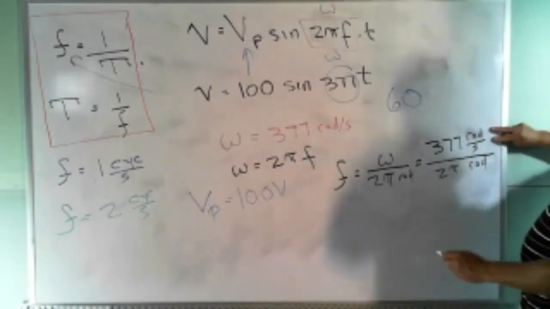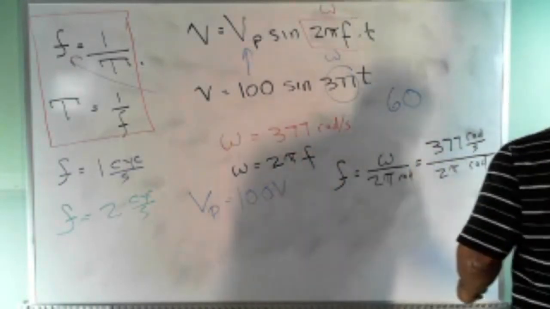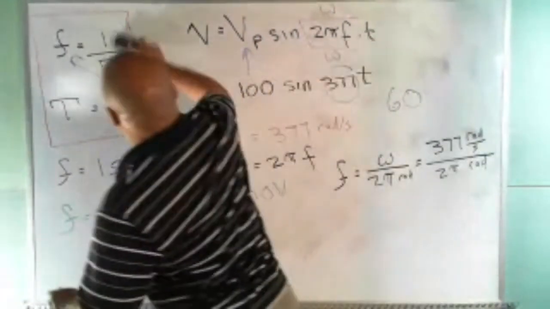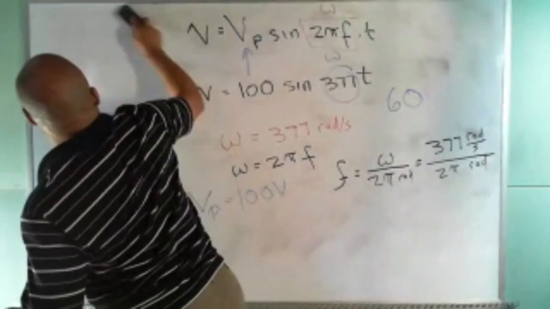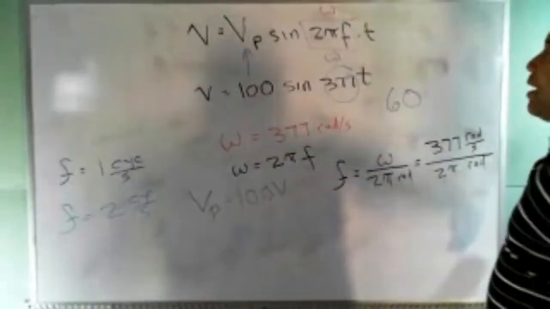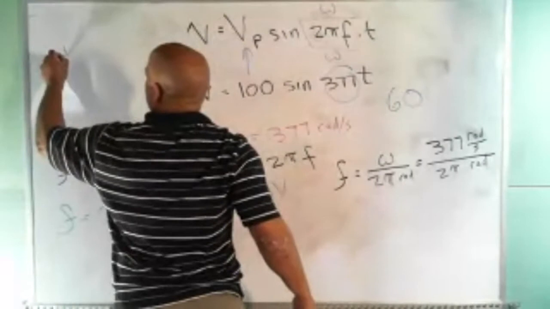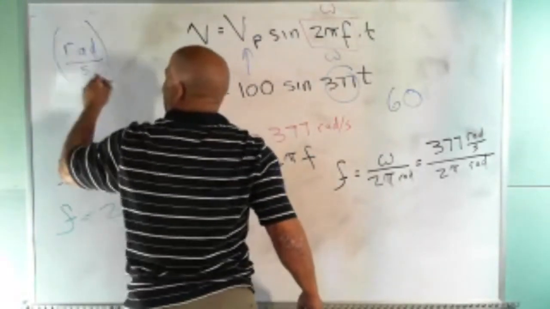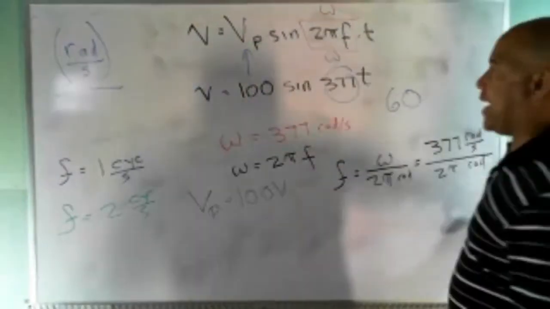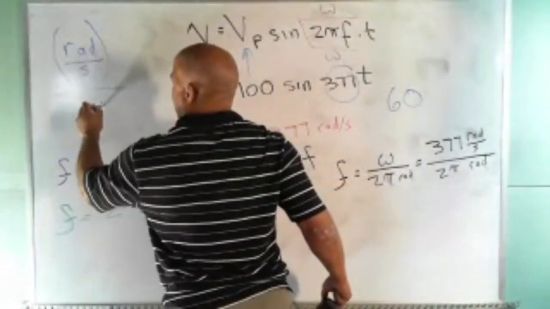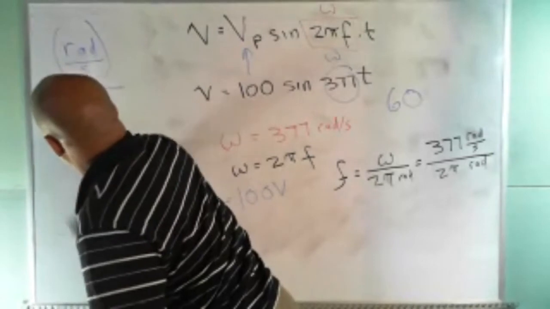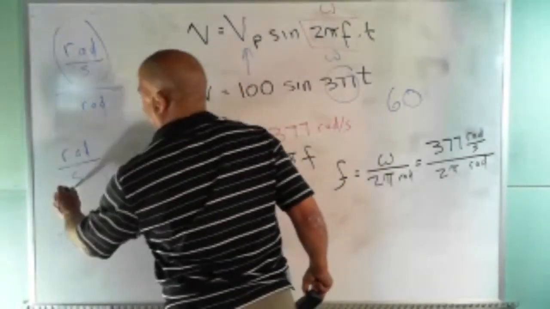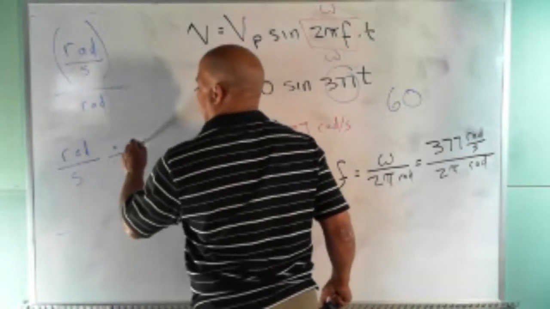Look at my units though. So my units actually work out. On the top here, I got radians per second, divided by, on the bottom, radians.